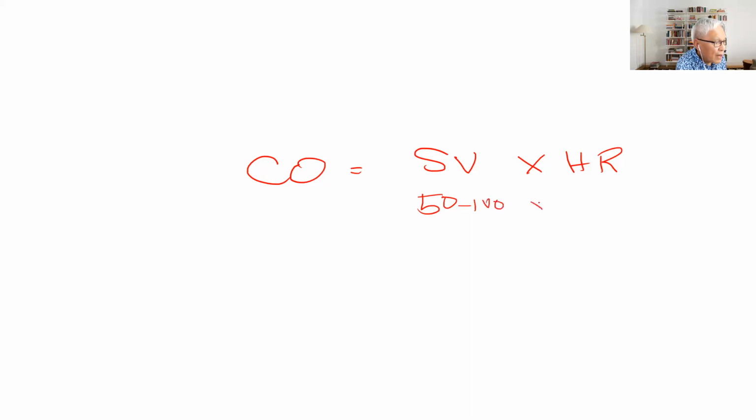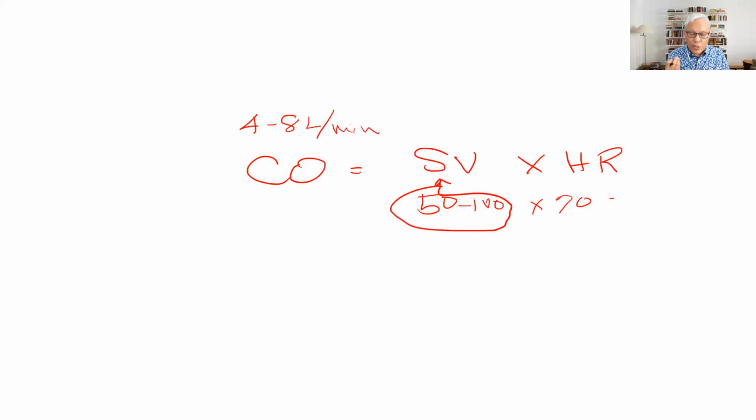If you have a heart rate of 70, for example, what will your cardiac output be? Your cardiac output would be 3,500 mL, I'm sorry, correct? So the normal stroke volume is 50 to 100, and the normal cardiac output is anywhere from 4 to 8 liters per minute.